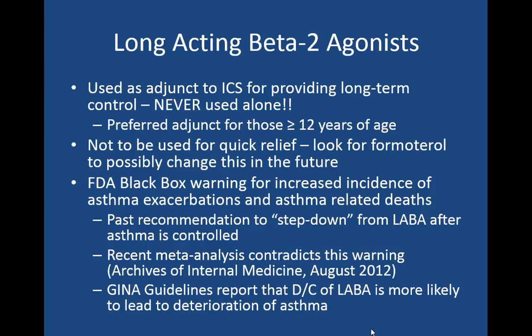What else? Dulera. Yes. Ever dispense Dulera or see it out there? What's in Dulera?